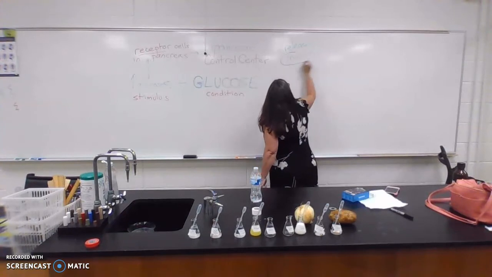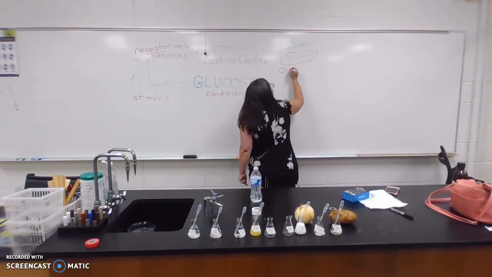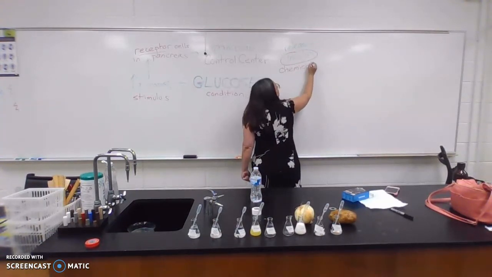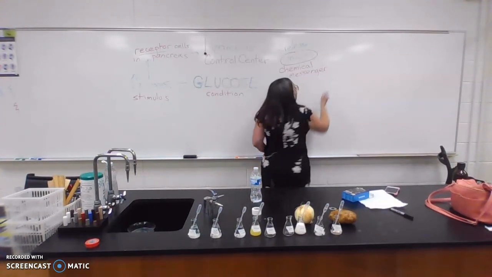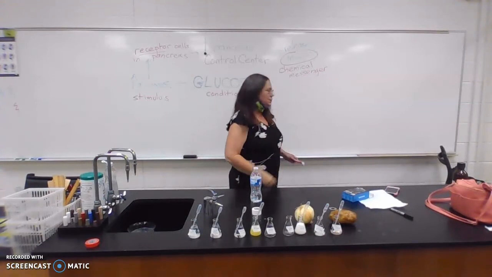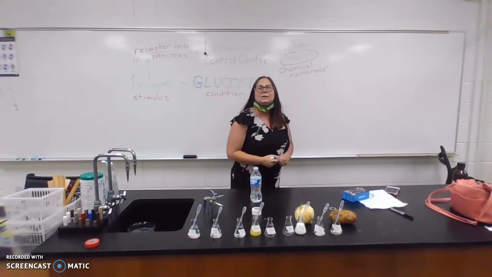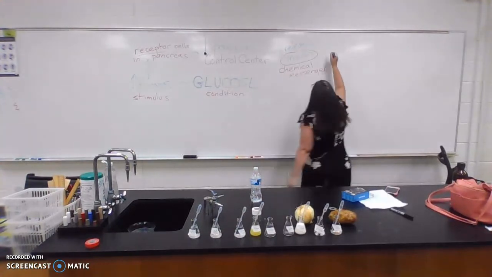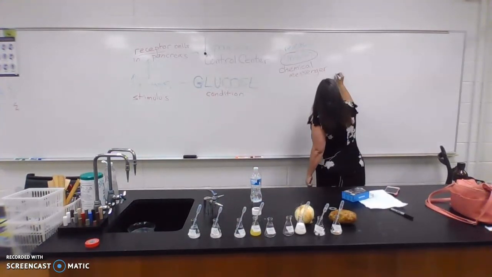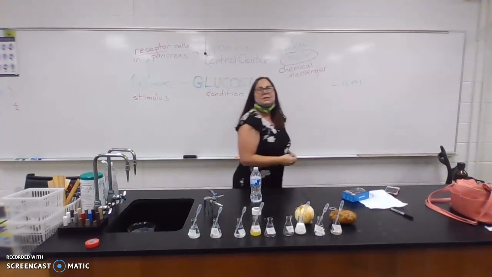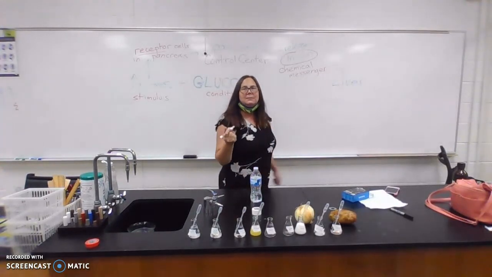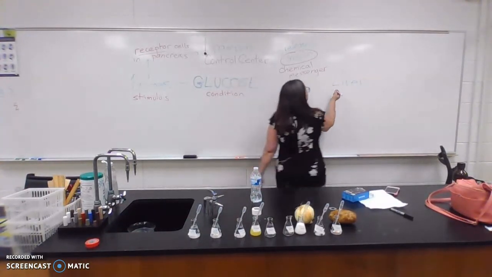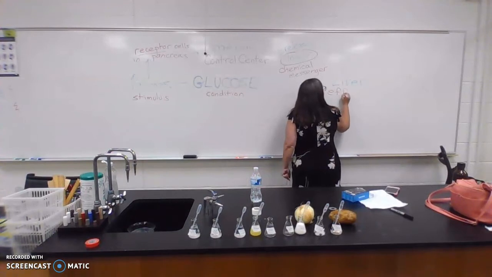So insulin is a chemical messenger. It's actually a hormone. And that insulin is going to travel to the cells of your liver. Your liver does a lot of different things. One of the things it does is help maintain blood glucose levels. So the liver is our effector.